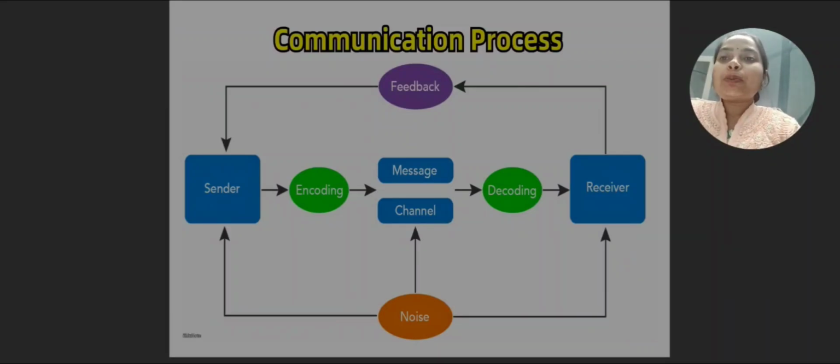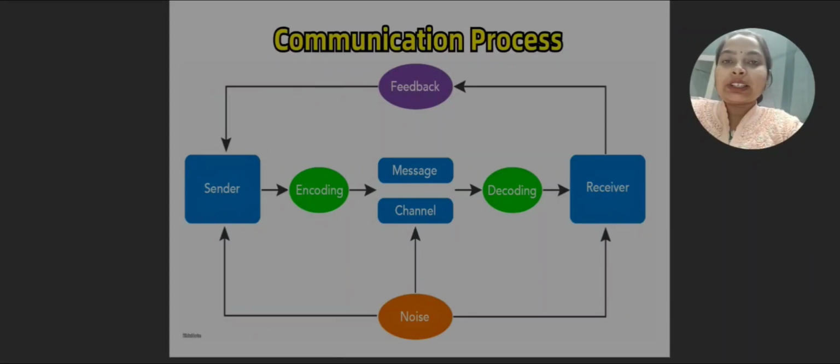So the process of communication goes on between the two persons. In this picture you can see the sender encoding a message, when someone tries to speak, tries to share information or feelings with another person. That is the encoding part.